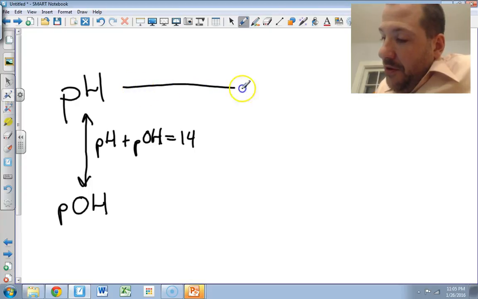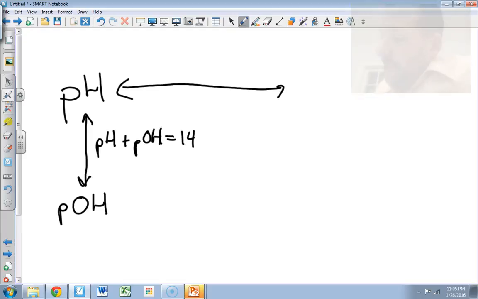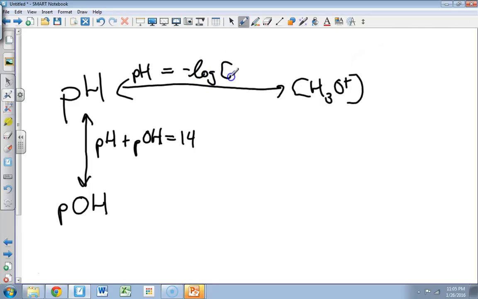We also know that we can interconvert between hydronium ion concentration and pH using the relationship pH equals the negative log of the concentration of the hydronium ion.